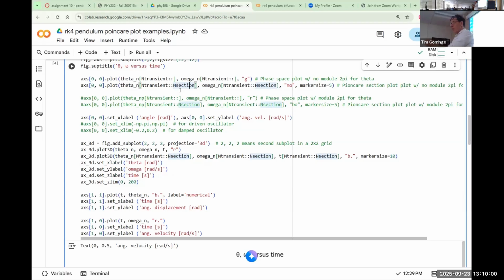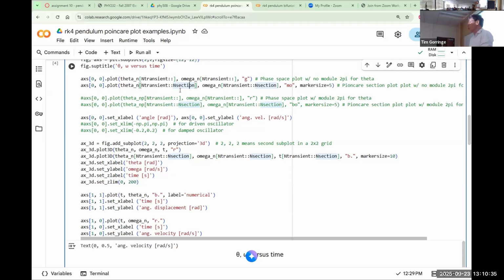So I'm slicing from end transient, that's where my data will begin, to the end of the array. And then the third argument is the period of your slicing. Do you want to get every tick, or only every nth tick? So that third argument is saying I only want to plot every nth tick in my data.